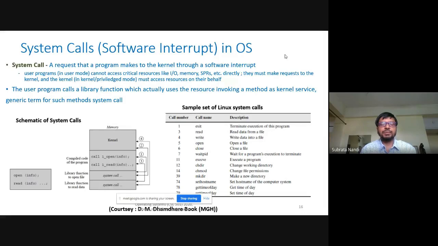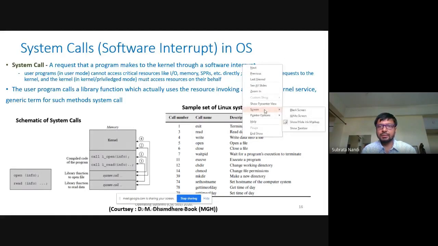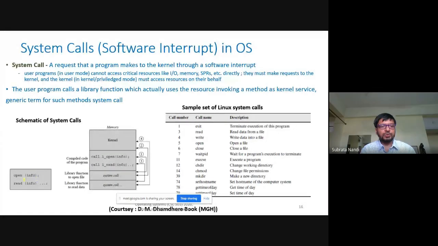When we write something like open or read in high level code, and the code is compiled, you can think that this gets translated to something like this, which in turn calls a system call. A simple printf statement requires access to the monitor, and scanf requires access to the keyboard.